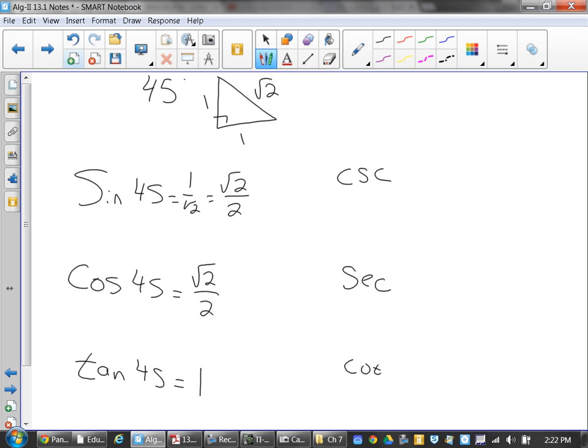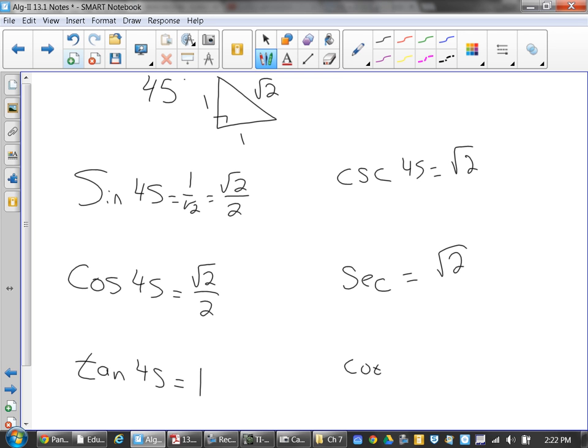Cosecant then, notice how the cosecant is the inverse of sine. If sine is opposite over hypotenuse, cosecant would be hypotenuse over opposite, which is root 2. Secant of 45, exact same thing.